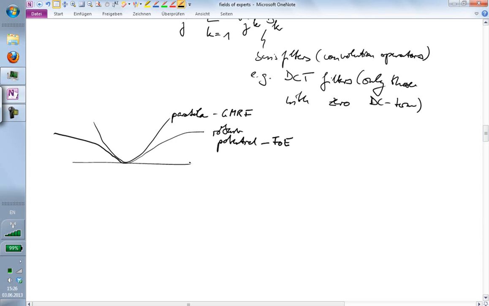If I'm plotting this here, for example, as a function of xi minus xj, one extreme case for a robust potential that I could use would be a truncated parabola. So it's a parabola here, and then beyond some chosen threshold, it simply takes a constant value.